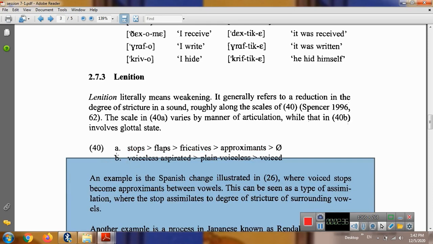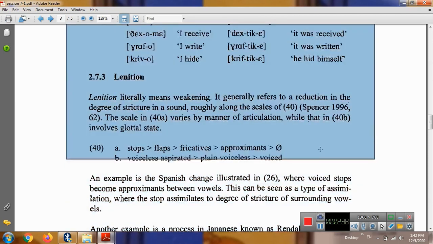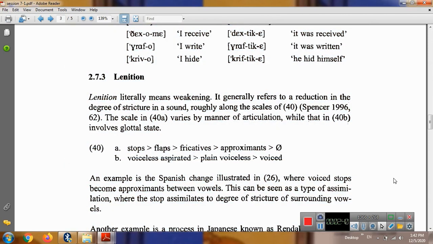When the voiceless aspirated turns to the plain voiceless, we have a lenition process, and when the plain voiceless turns to a voiced one, we have lenition again.